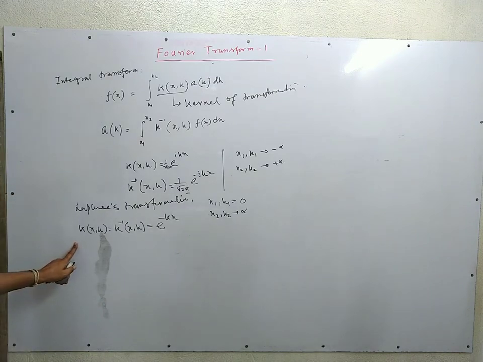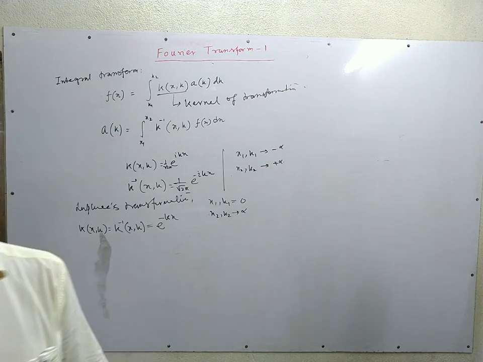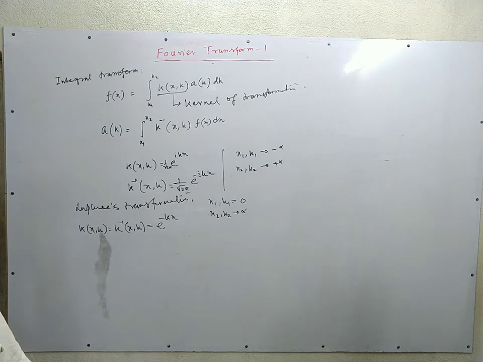So this defines the Laplace transform. There are other transformations like Bessel, Hankel, Hermite, Mellin transformation, and so on and so forth. Each of the transformations has specific use in the solution of differential equations.